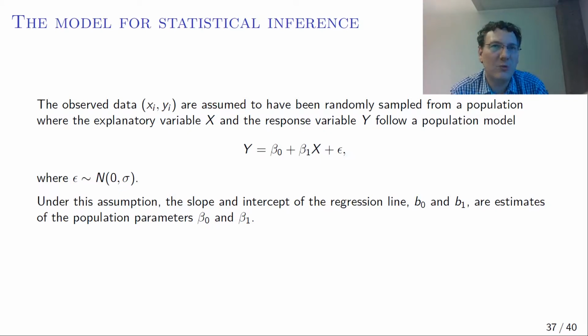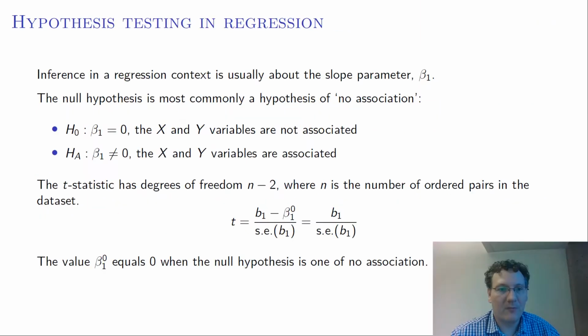If there's no true relationship between the x variable and the y variable, then this slope coefficient, beta 1, in reality is 0. And so what we're going to ask is, is there enough evidence from the data to conclude that this slope is not 0?